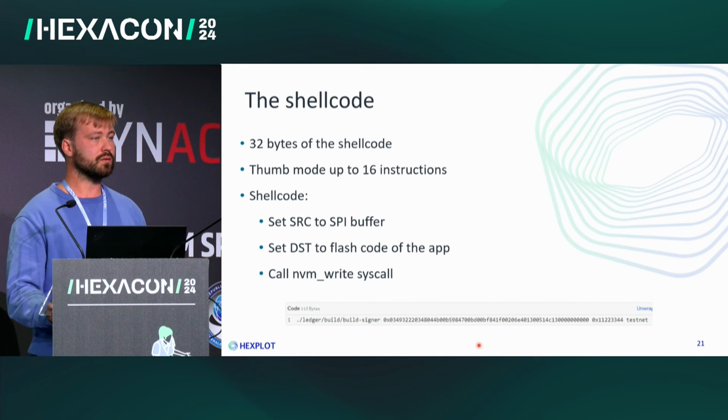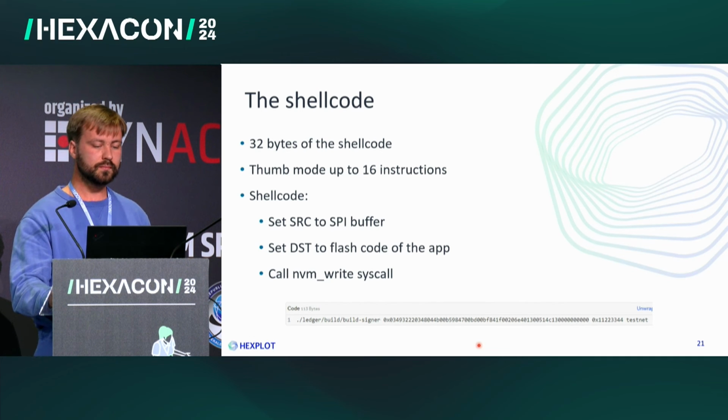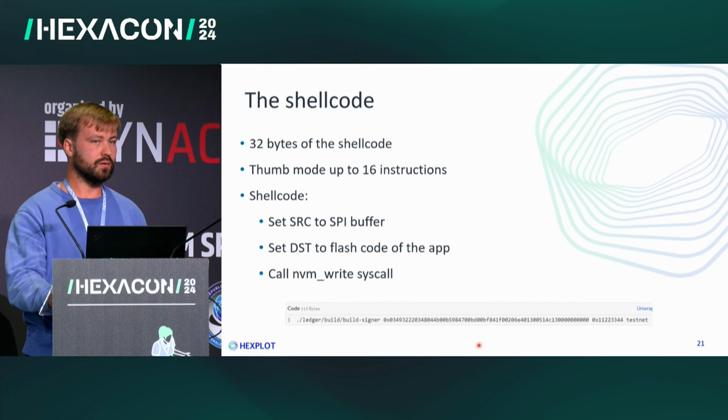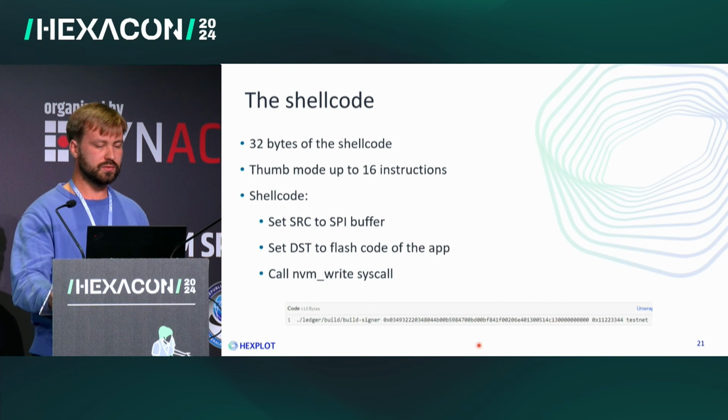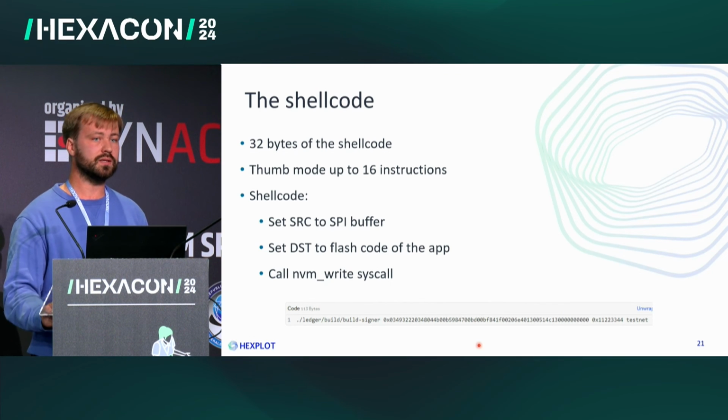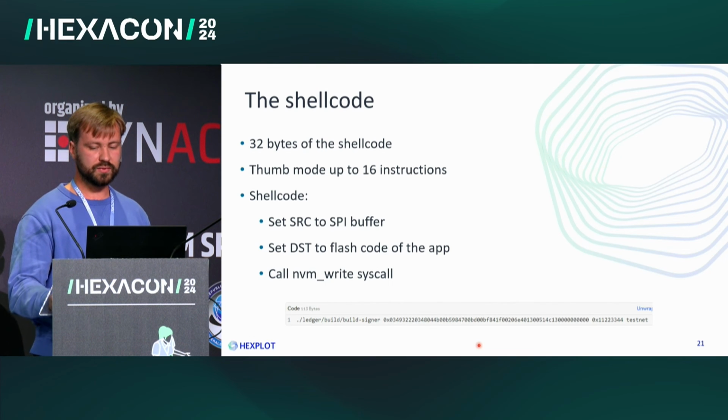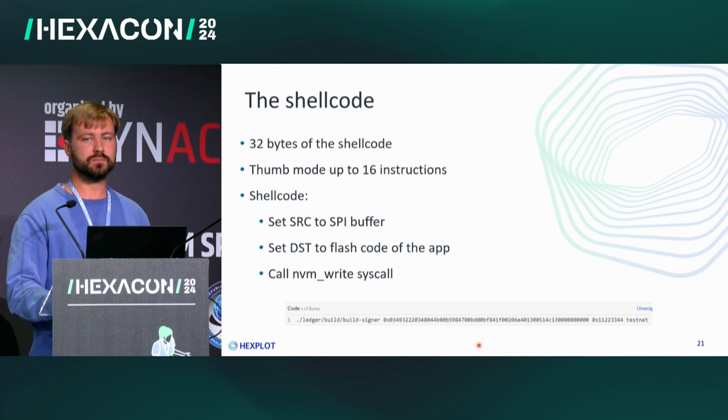We point the destination to somewhere within our app. And there is no randomization, ASLR, all the offsets are fixed, so we don't need to worry about that. And we call the NVM write syscall, which allows us to write our code. So eventually, we'll just copy SPI data to whatever is in Flash and corrupt anything of the existing code.